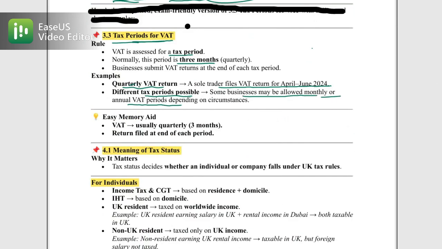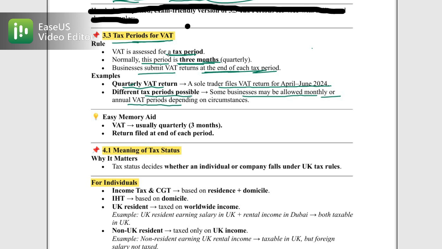Then you have the tax period for VAT. VAT is assessed for a tax period. Normally this period is 3 months, and businesses submit a VAT return at the end of each tax period.